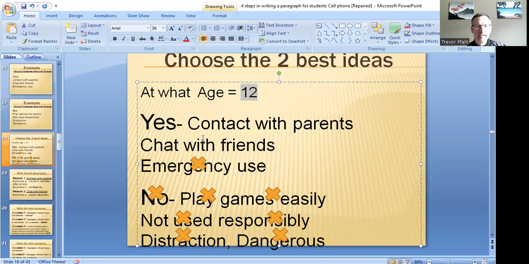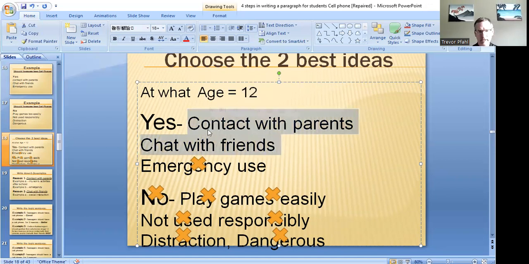I'm going to eliminate the answers I won't talk about: emergency use, and all of the ideas I brainstormed for no. I'm just going to focus on two ideas: contact with parents and chatting with friends. That helped me take broad general ideas, make them more specific, and narrow them down.